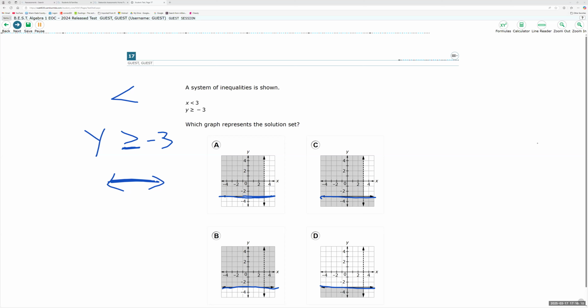Okay, so now which way do I shade? If I have X is less than 3, I have to shade the numbers that are less than 3, such as 2, 1, 0, -1, and so on. So I would ideally shade all the way.